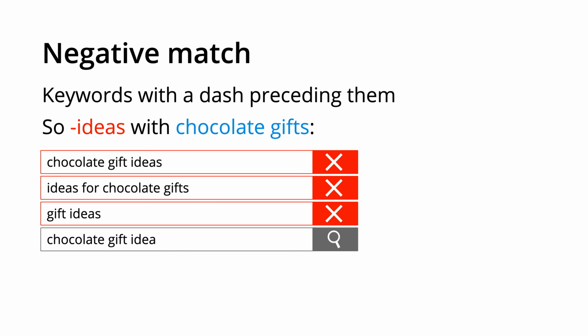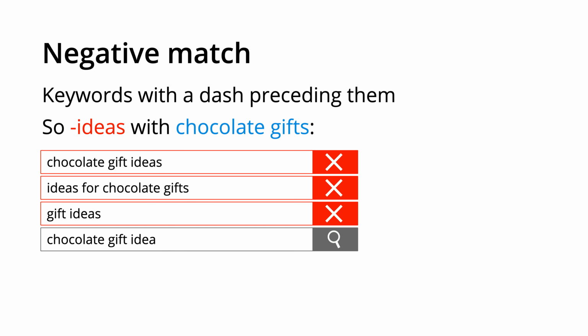Here we can see we've added the negative keyword of ideas along with the broad match keyword of chocolate gifts. This means that people searching for chocolate gift ideas, ideas for chocolate gifts, and gift ideas won't see our ads. You will notice that our ads are still eligible to appear when someone searches for chocolate gift idea.